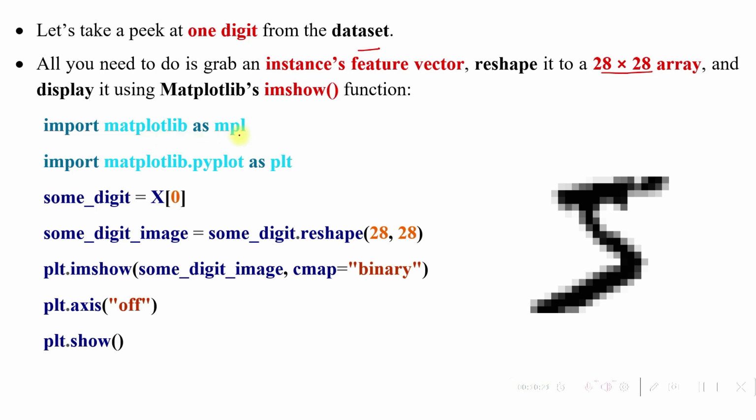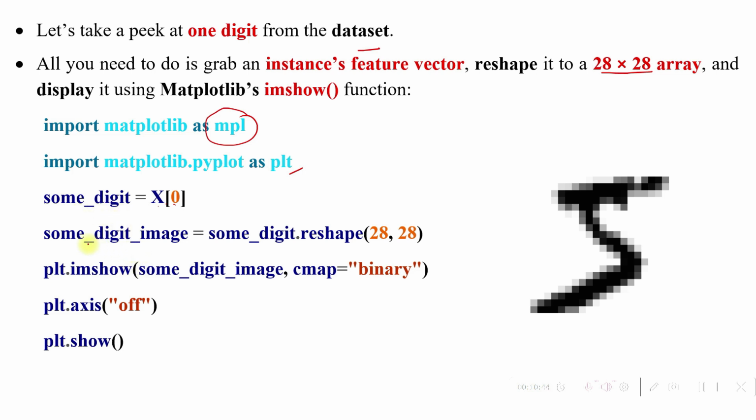So here we import matplotlib, renamed as mpl, and matplotlib pyplot as plt, and we read the first instance, X of 0, which is stored in some_digit.